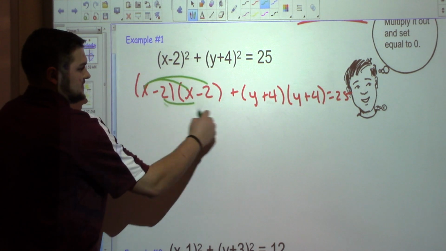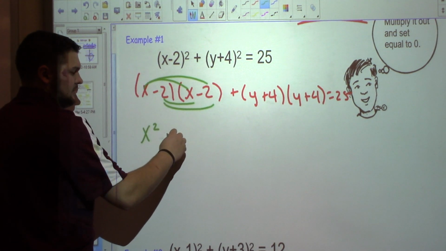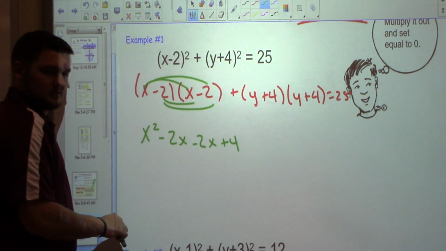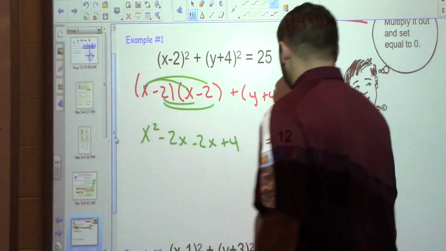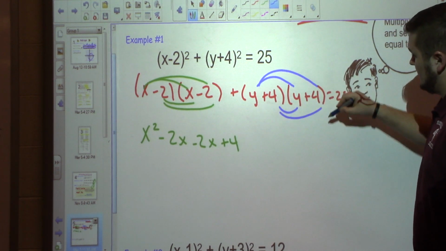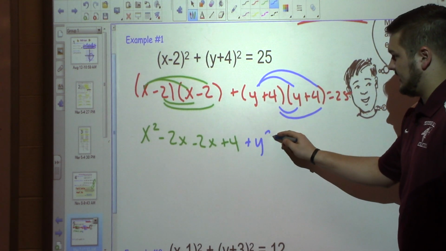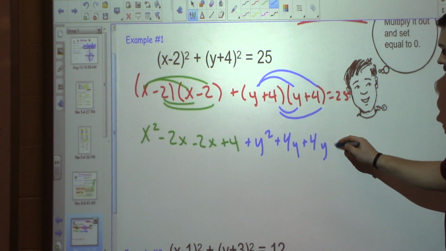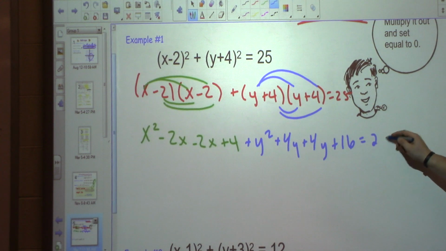First, outside, inside, last. X squared minus 2x plus 4. FOIL your y plus 4s. Plus y squared plus 4y plus 16 equals 25.